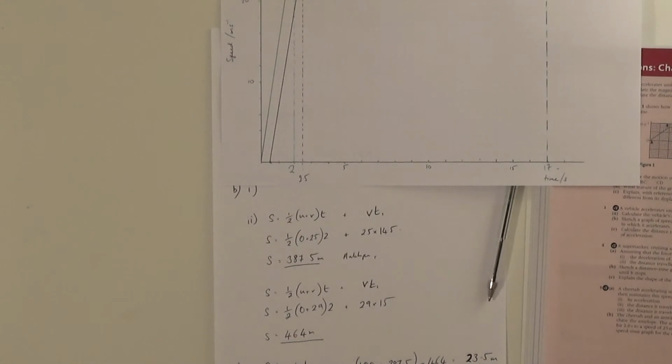So that's part B. Now, of course, the distance between them, the cheetah has gone further than the antelope, but of course the antelope started off 100 meters in front. So whatever way you want to do it, you say 100 meters head start plus the distance the antelope travelled in 17 seconds minus the distance that the cheetah went. 23.5 meters is the distance between them.